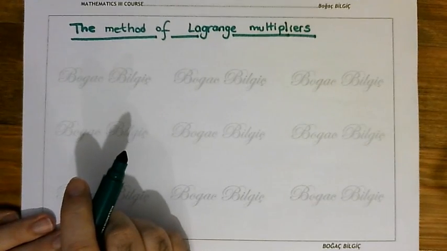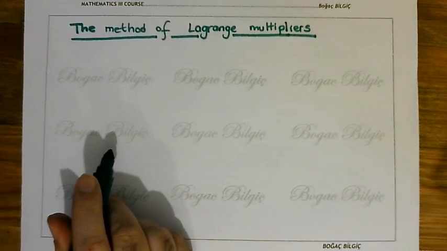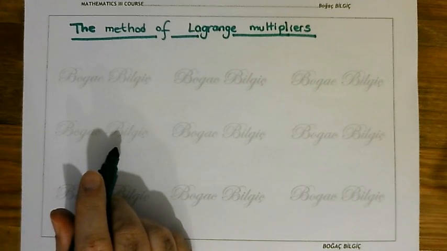Many practical optimization problems involve maximizing or minimizing an objective function subject to one or more constraints. The constraints may be the equation that describes the boundary of a region, or it may not be.